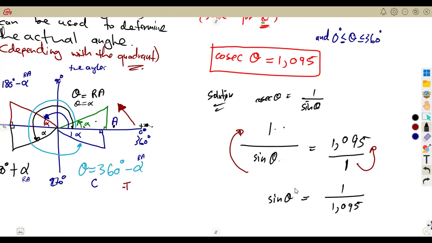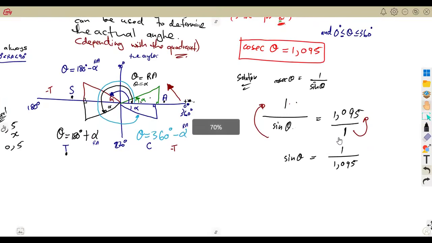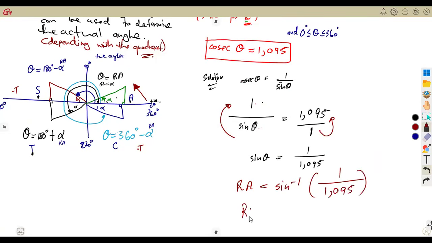Another step. When you have something like a sine, because it's there on your calculator, it knows sine. You can now think of calculating the reference angle, which is what? Arcsine of this part that you're given, 1 over 1,095. We are now talking of the reference angle.